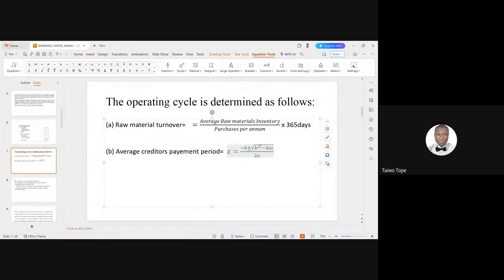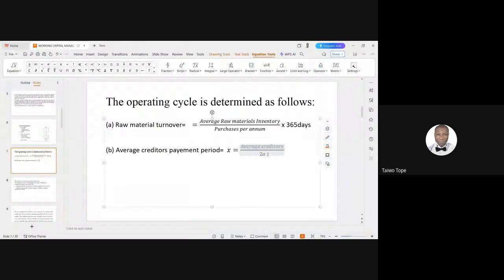So the average creditors payment period, our formula will be what? It will be the average creditors. Another word for creditors, I said, is payable. It is average creditors divided by what?